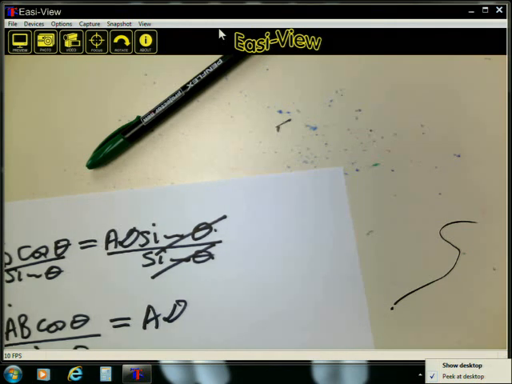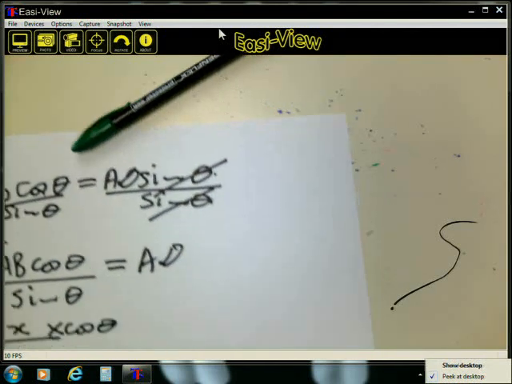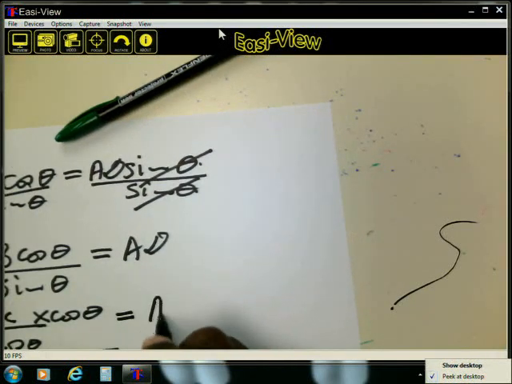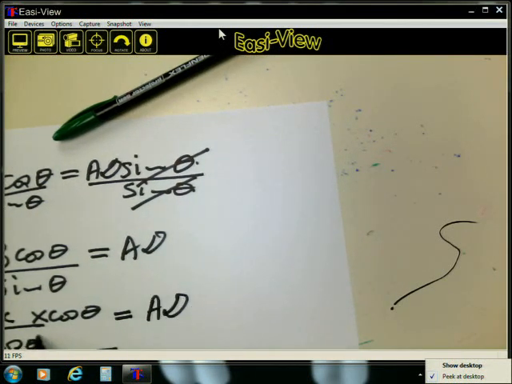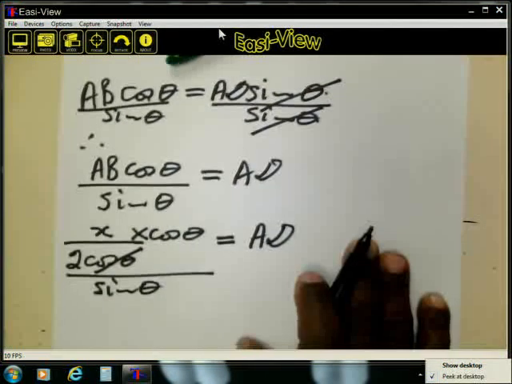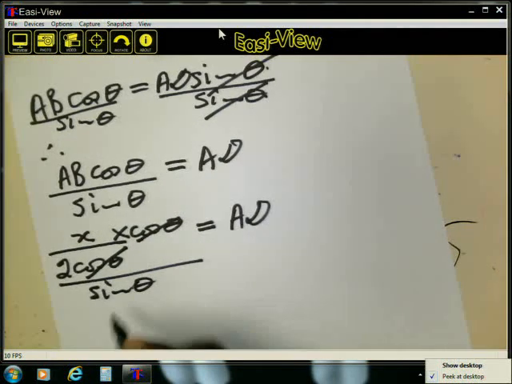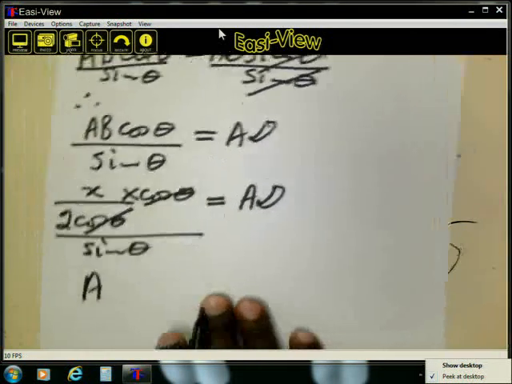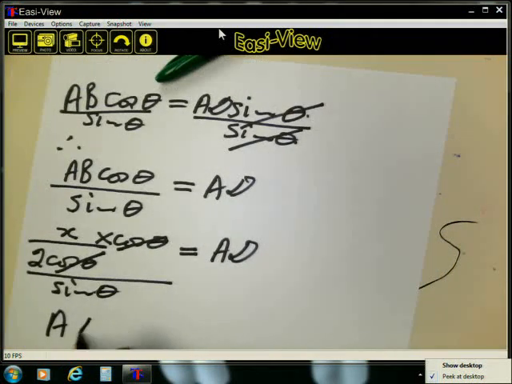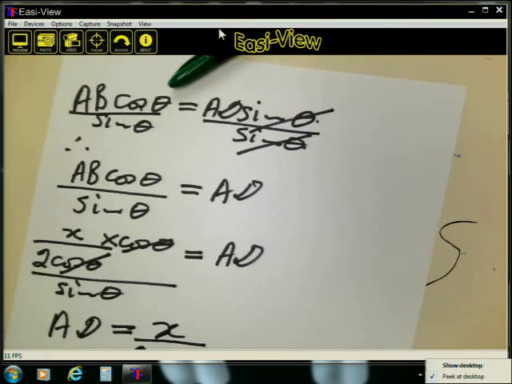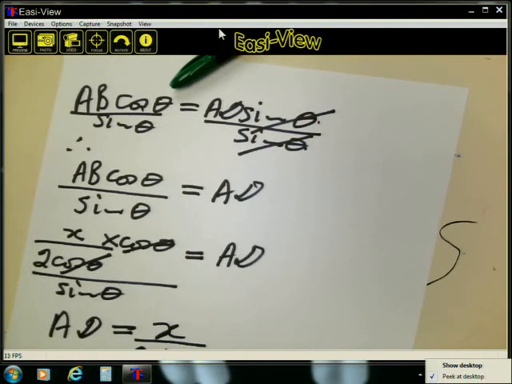And all this is divided by sine theta. This is equal to AD. Now this one goes, and you have AD as required, equal to x over 2 sine theta.